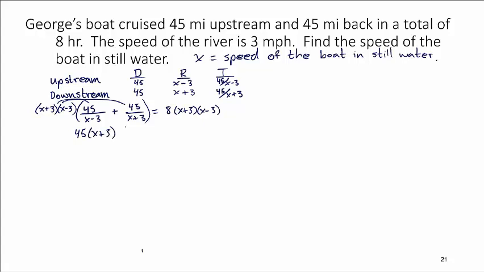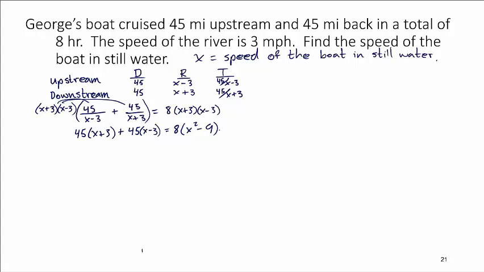And in the second term, the x plus 3's are going to cancel, and I'm going to be left with 45 times x minus 3. Now, if you need to write that out, write the x plus 3 times x minus 3 in each of the numerators, and then cancel what applies, go for it. And then on the right-hand side, we've got 8 times x plus 3 times x minus 3. X plus 3 times x minus 3 is x squared minus 9, difference of squares.